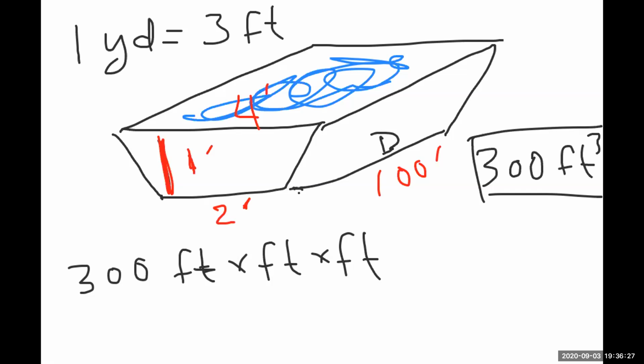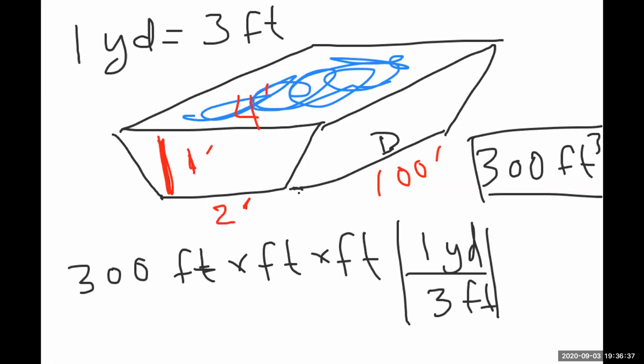Well, we know that 3 feet equals 1 yard. We know that equality. So essentially I can then cross that out and I'm left with yard. But I have to do it 2 more times because I have to get rid of that one and that one.